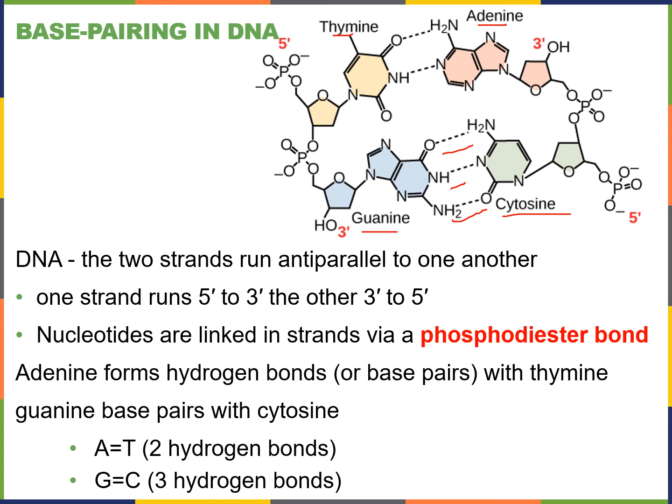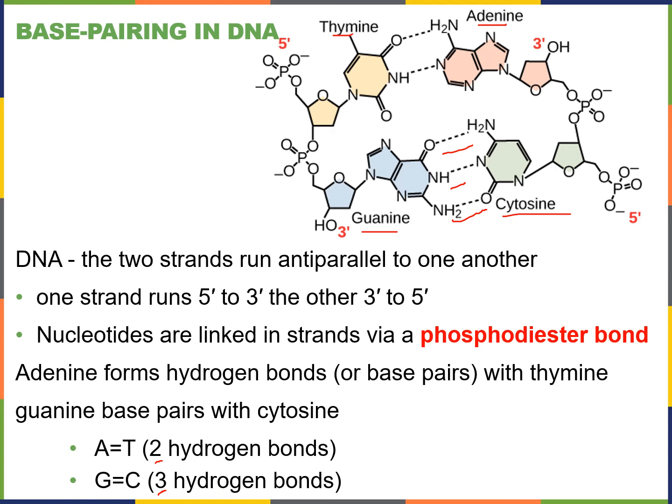They're easy to make, they're easy to pull apart, unless you have billions of them. That's what holds the two strands of the DNA together as the double helix. Billions of these between the nitrogenous rings. A to T has 2 bonds, G to C, 3 bonds.